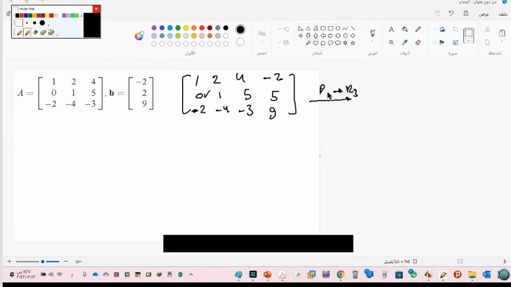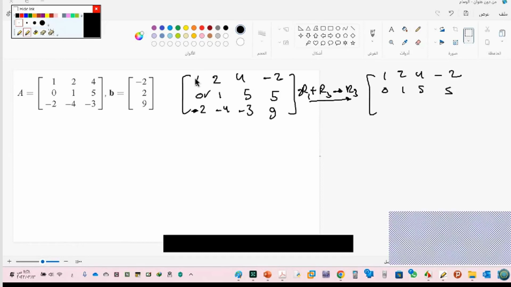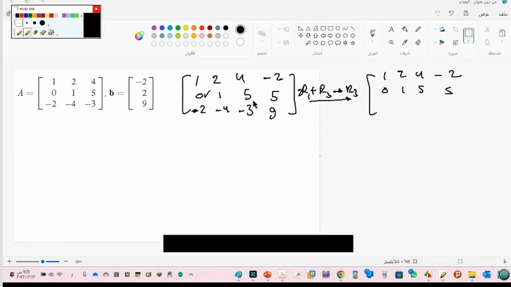It is R3 plus 2R1, correct? The first row is 1, 2, 4, minus 2, the second row is 0, 1, 5, 5.